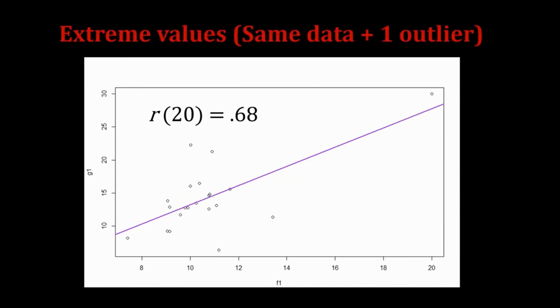So this is the same values as before, with the addition of only one value that is on the top right. And because of that value, the line changes completely, and now the correlation becomes 0.68 instead of 0.22.